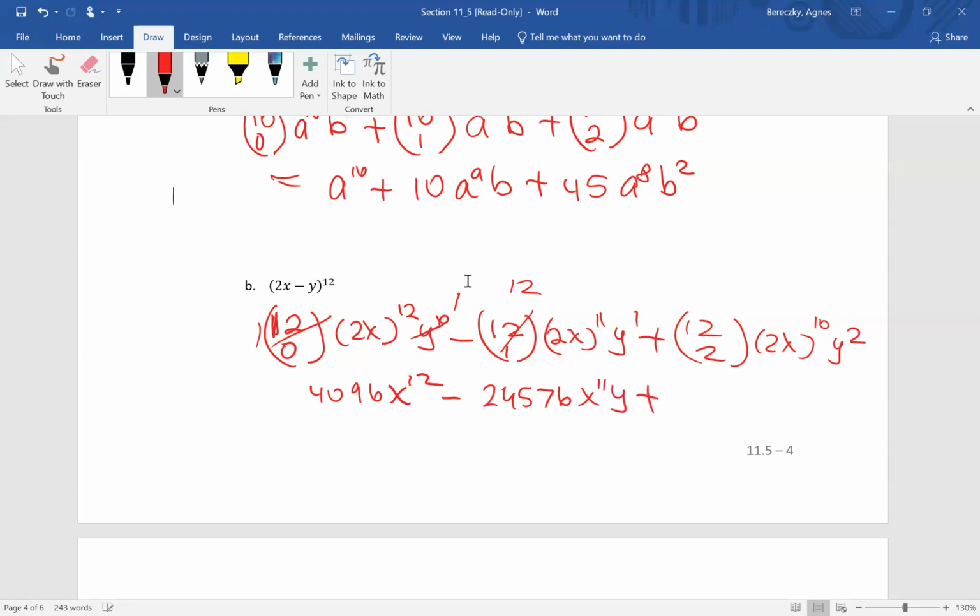And 12 over 2 is 66. And then you have to take 2 to the 10th power. So again, we get a big number, 67,584, x to the 10, y squared.